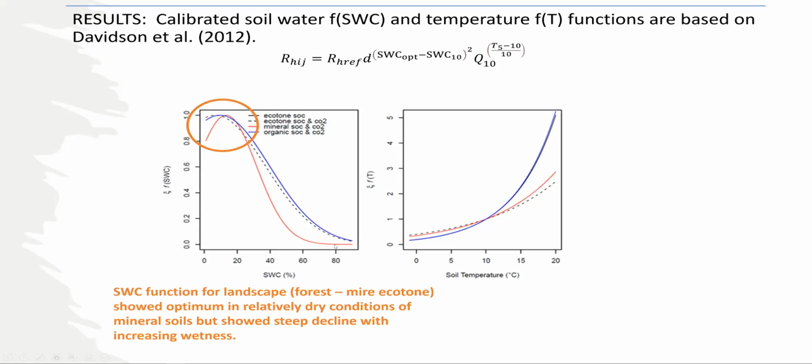What is surprising in this study really is that when you calibrate for a large range of soil water conditions, so when you really include mineral soils and peatlands together, and not only mineral soil forests, then the optimum is somewhere in drier conditions in mineral soils, and there is very little sensitivity. So for example, dry conditions here don't affect the landscape carbon balance so much.